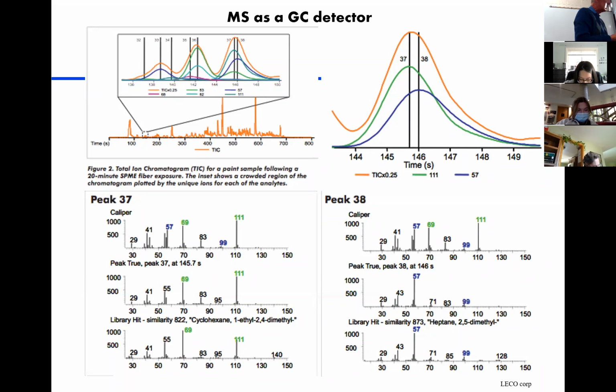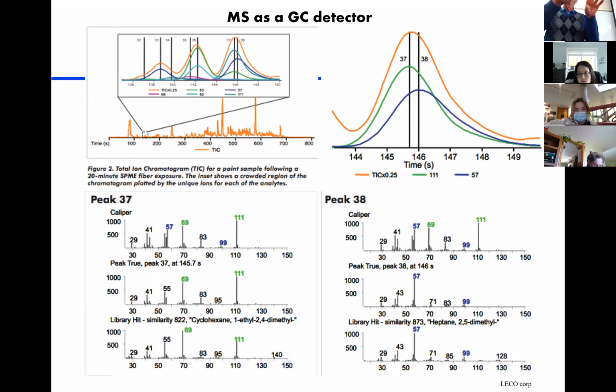When you see peaks 37 and 38 over there, the green ones, the fragments 69 and 111, they're coming from one component of that mixture. The 57, 83, 99 are coming from the other components. So the machine can say, these fragments are moving together, that fits this particular compound, which is a cyclohexane on the left.